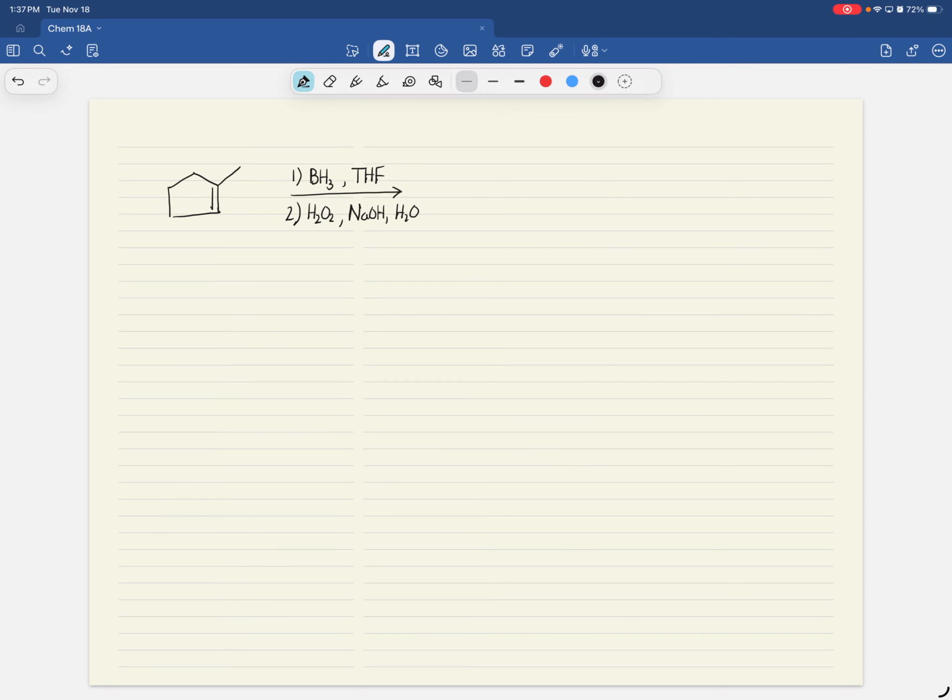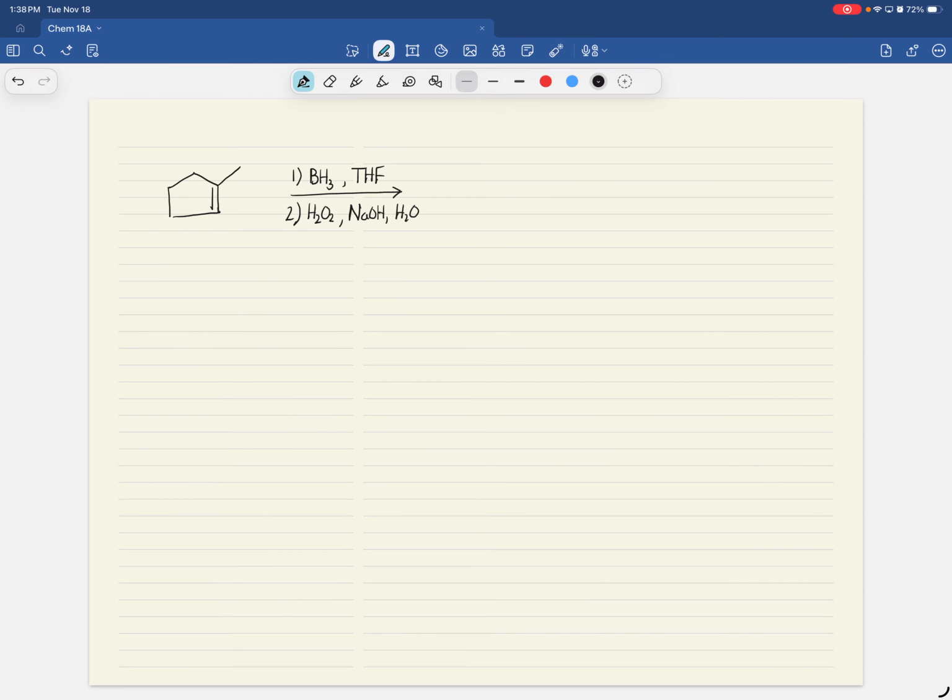That boron is going to go to the least substituted side, which means the side with more H's on the outside. Just look at this one. This part doesn't have any. Okay, so step one.